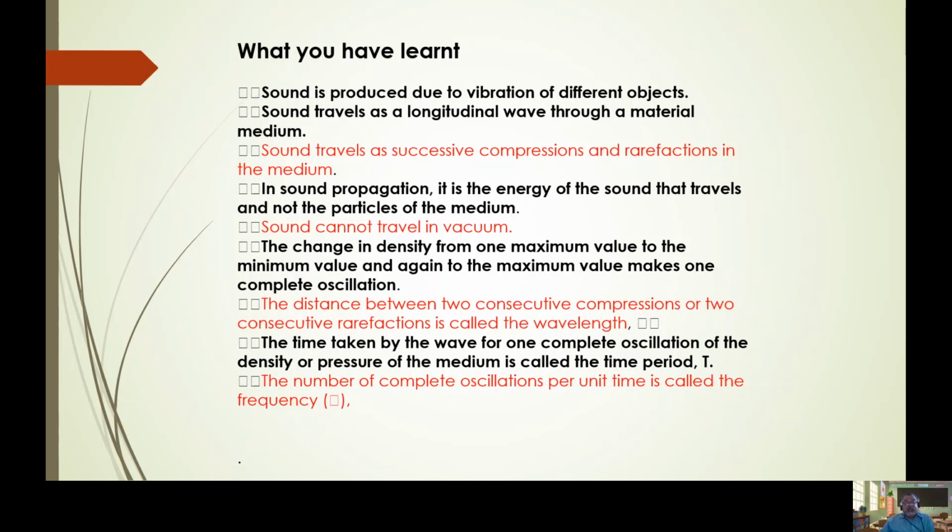The time taken by a wave to complete one complete oscillation of the density or pressure of the medium is called the time period T. The number of complete oscillations per second is called frequency, which is also called cycles per second.